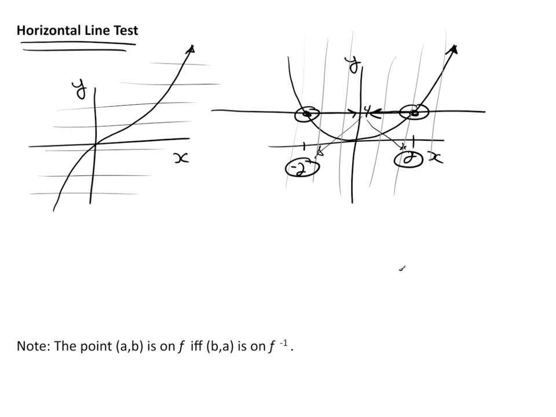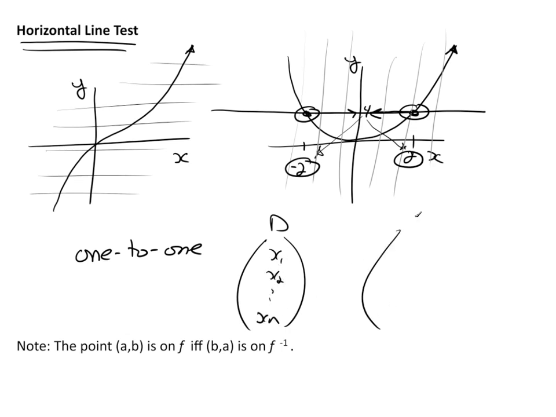Now we can quantify this just a little bit further and say that for a function to have an inverse, that function must be one-to-one. What that means is that in my domain, x1, x2, up to xn, and in my range, y1, y2, up to yk, when I put x1 into the function, it goes to some value y1, and y1's used up.